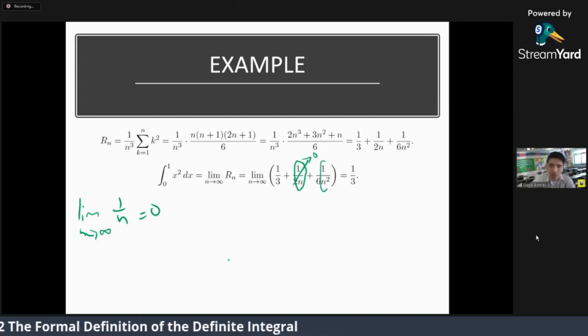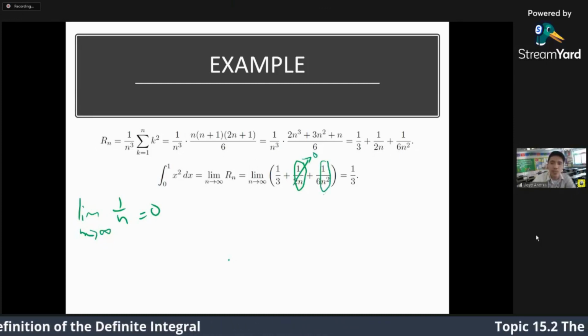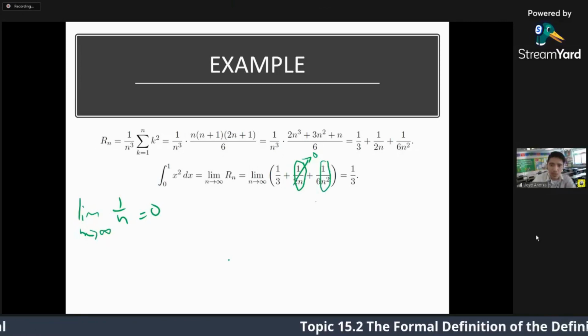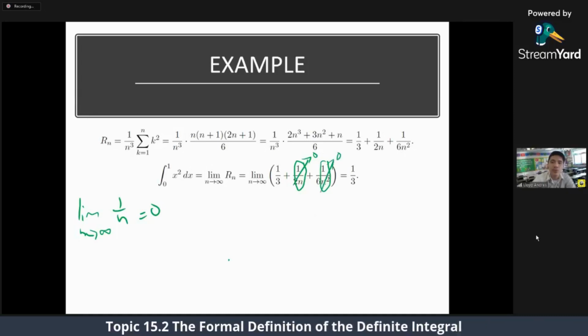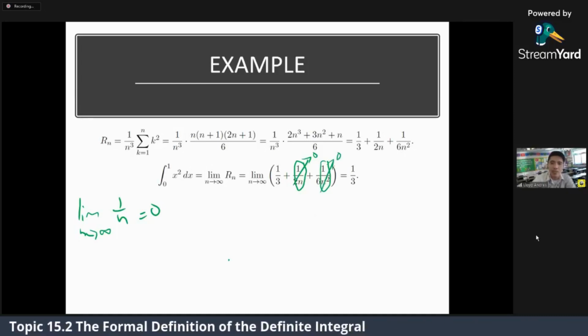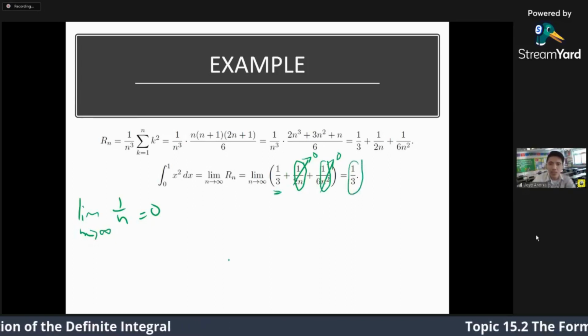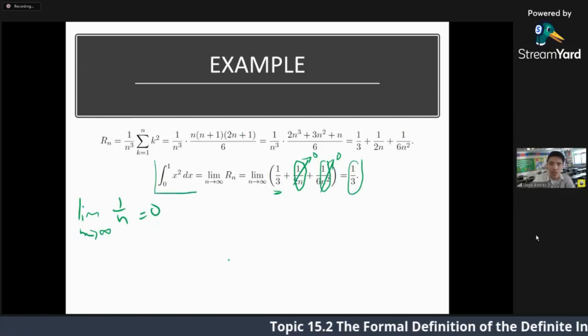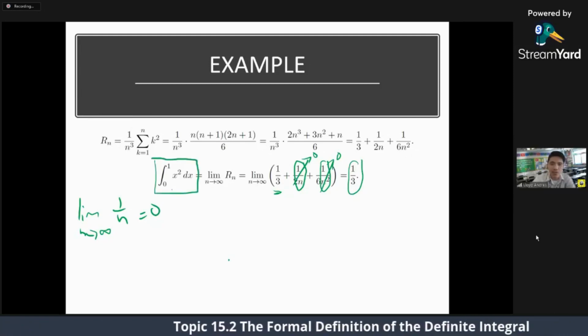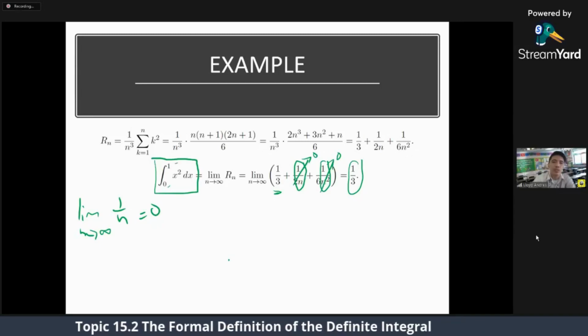Kani pod, 1 over n squared, actually that is 0 gihapon. So, unsay nabilin, 1/3 na lang. So, this proves that the integral of x squared dx from 0 to 1 is 1/3.